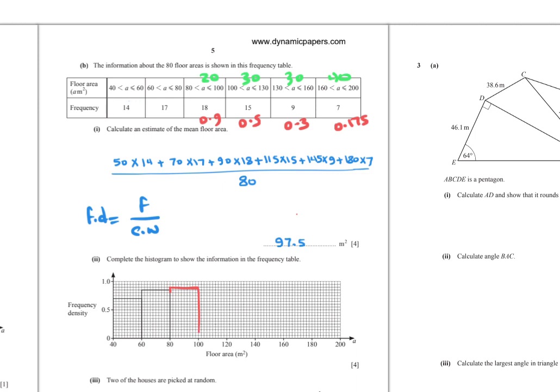Now next one, 0.5 from 100 to 130. From 130 to 160, 0.3, 6 small squares.